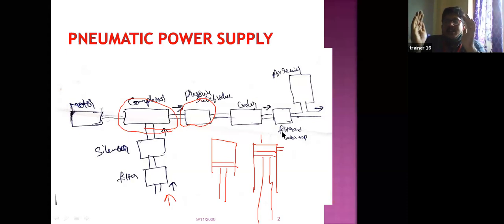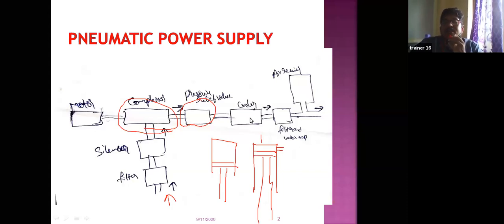Moisture is present in the air, and when the temperature and pressure increase, some of the compressed air will contain wet particles. Those wet particles we have to filter.